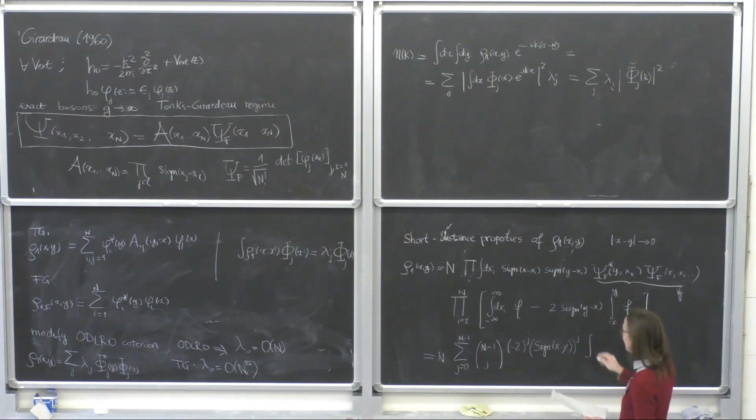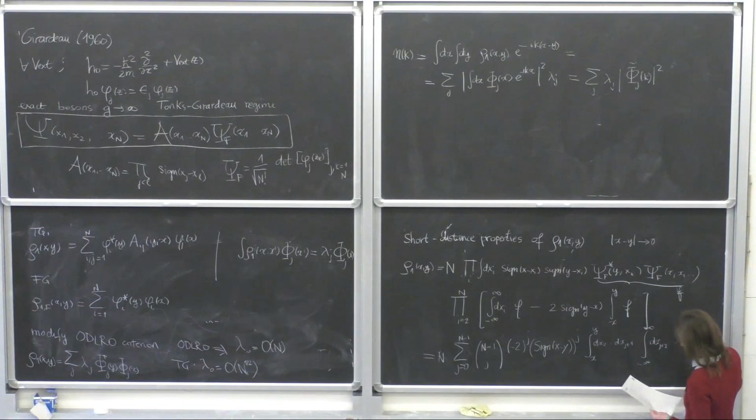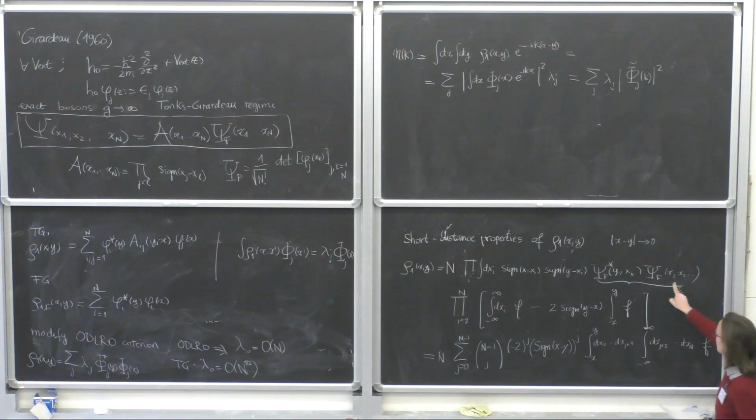For the jth term, I have j integrals from x to y, over x2 to j plus 1, and then the other integrals from minus infinity to infinity, from j plus 2 to n. And here I have the function f, which is the product of these two fermionic wave functions.